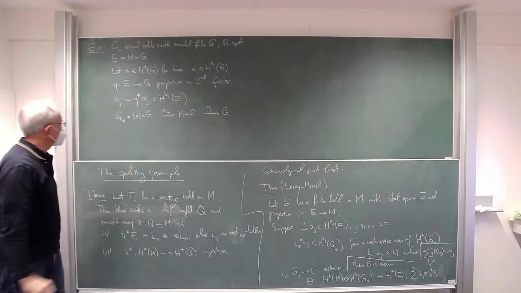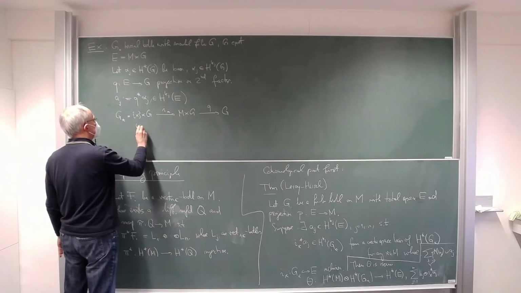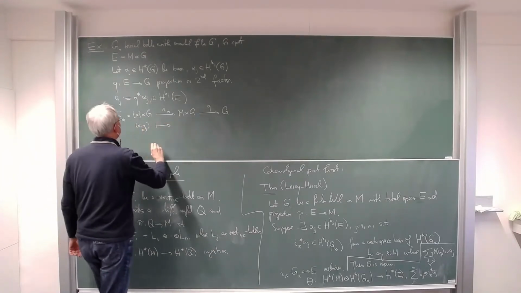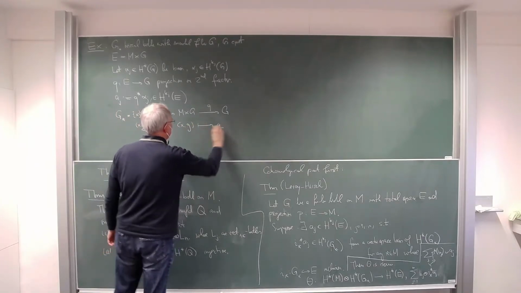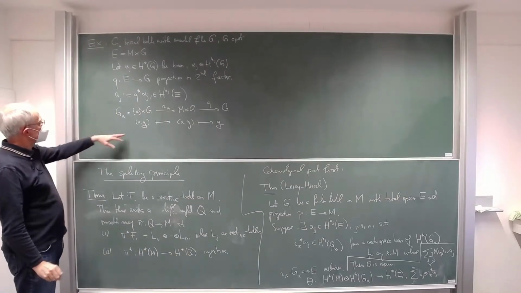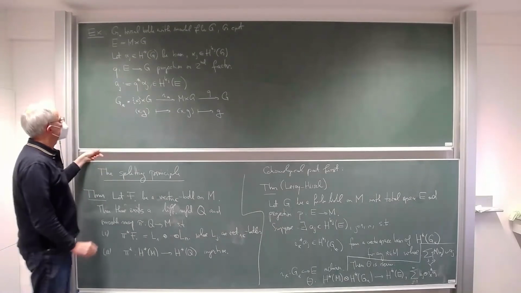Then x comma G will be mapped to G. That's obviously a diffeomorphism.